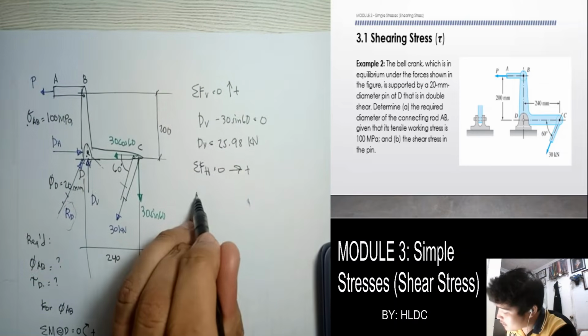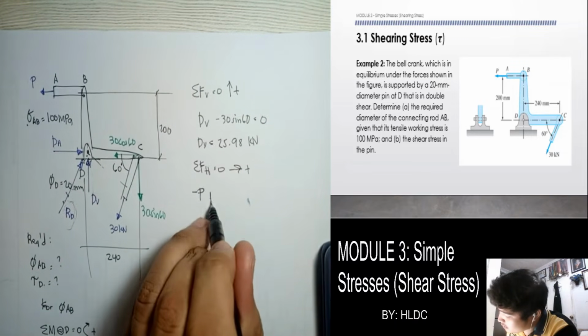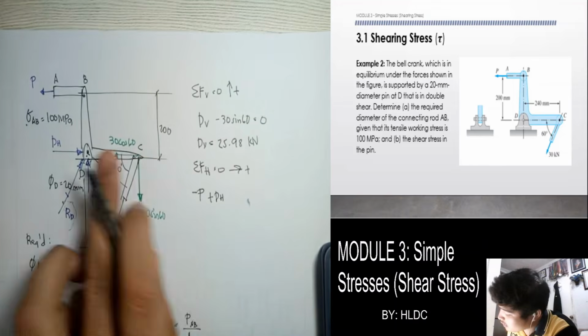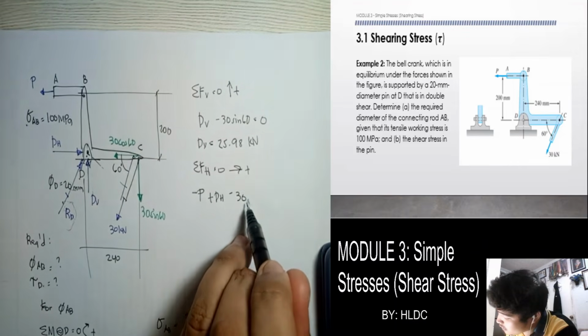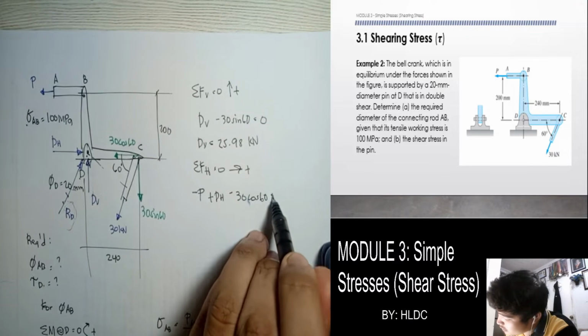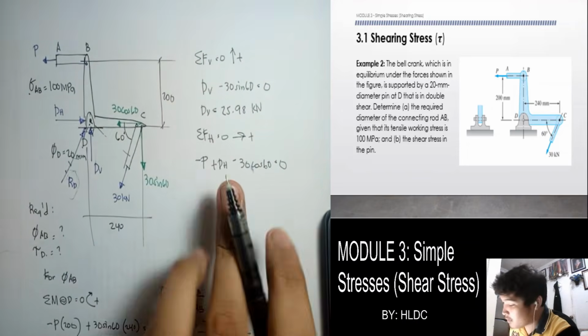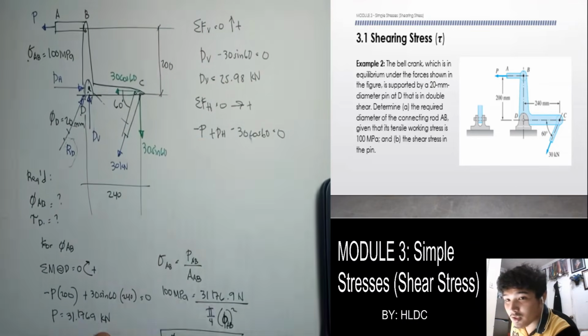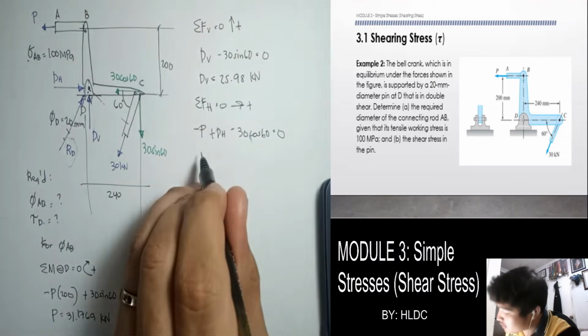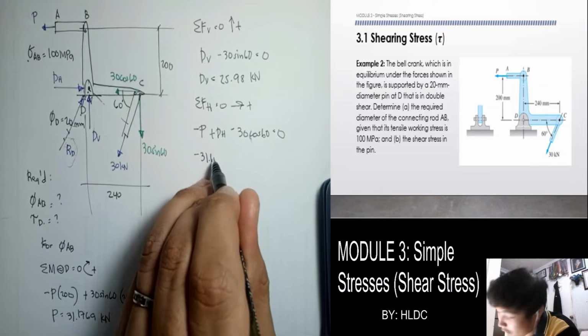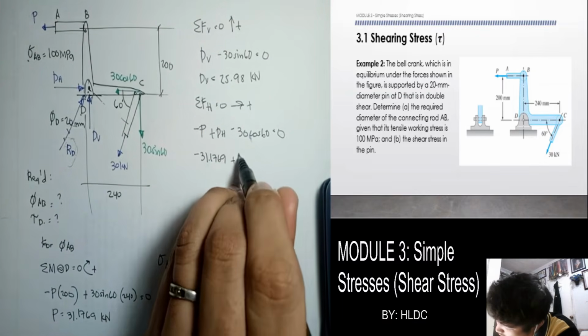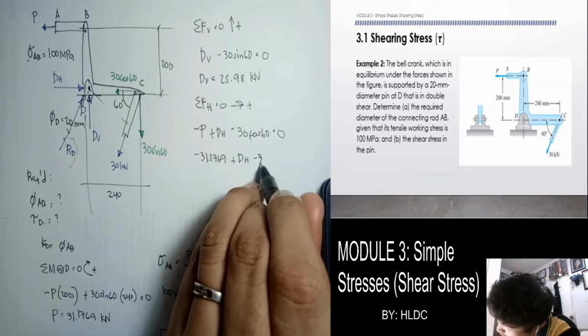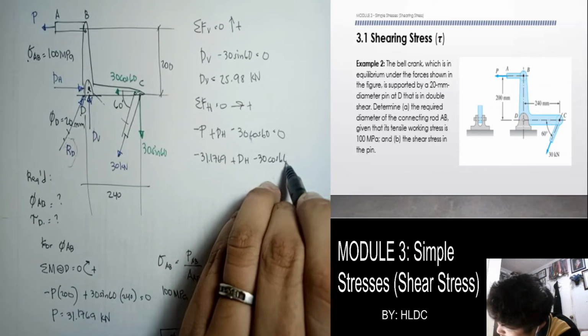Then, by taking summation of force horizontal equals 0, considering force to the right positive. So, negative P, positive DH, and then negative 30 cosine of 60 equals 0. Pero meron na tayong P, diba? Yung nasolve natin kanina. Ito, 31. So, negative 31.1769 plus horizontal component minus 30 cosine of 60 equals 0.